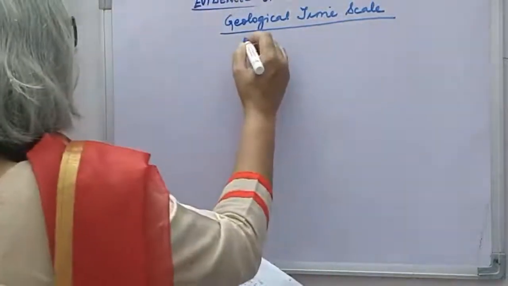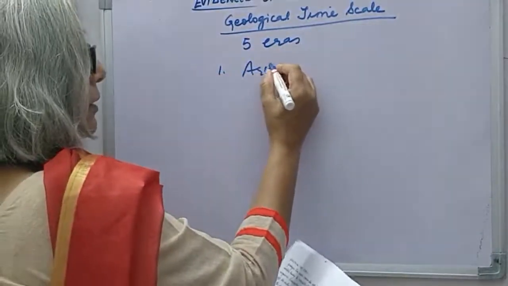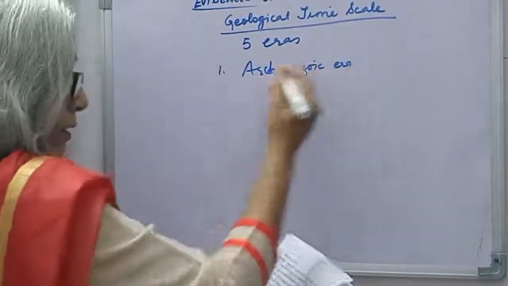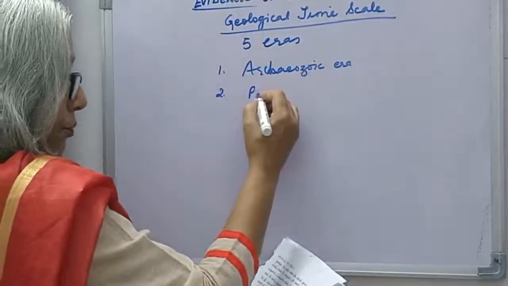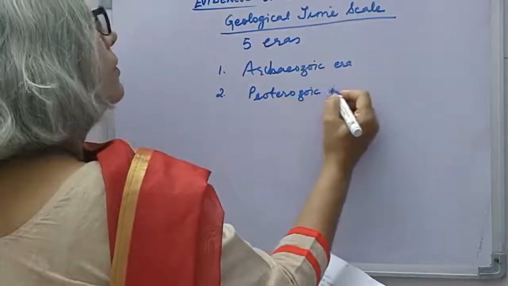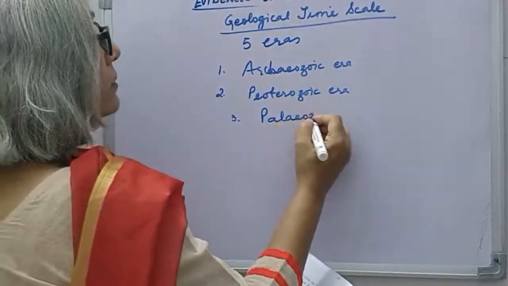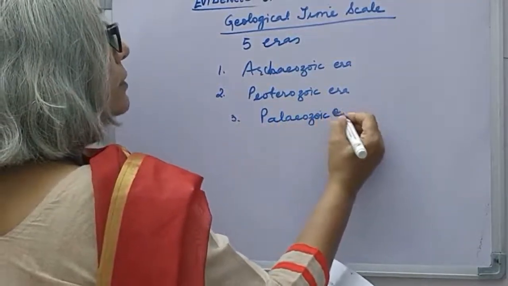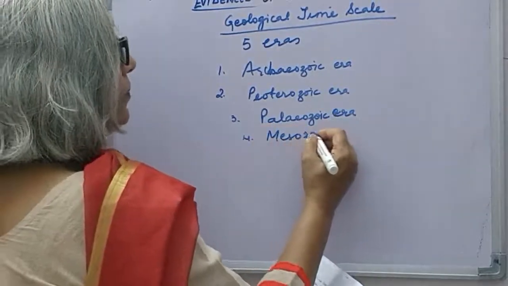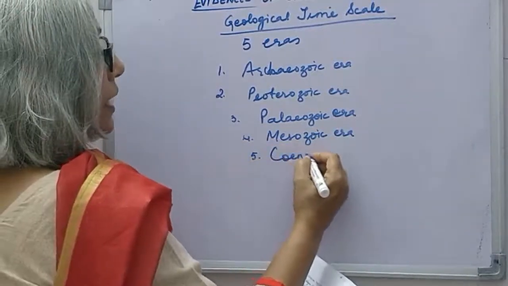These 5 eras are the Archaeozoic era, then the Proterozoic era, then the Paleozoic era, then the Mesozoic era, and the Cenozoic era.